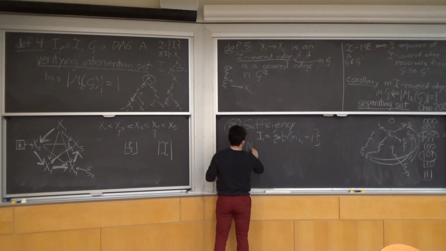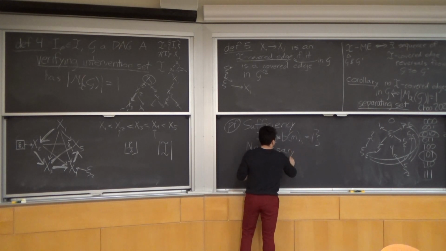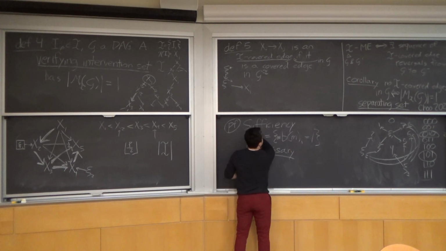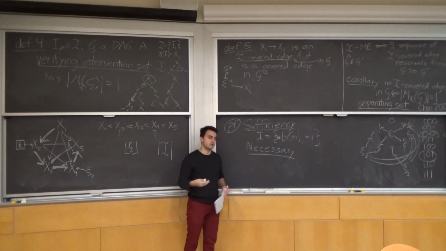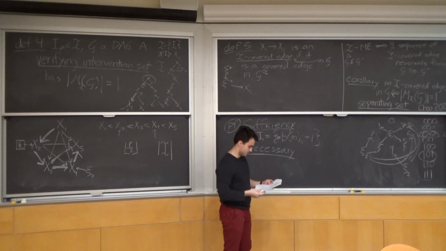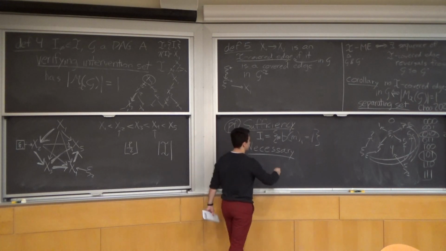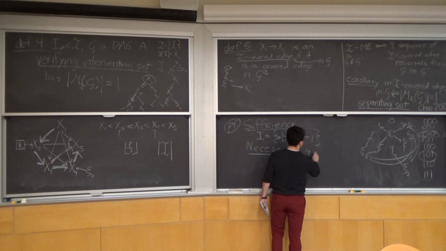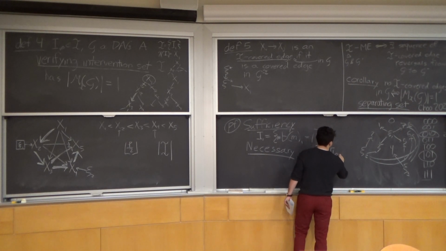And then you can show that it's necessary. I'll let you check the base case for p equals 3, but it's basically an inductive argument of, assume that for q less than p, it takes log base 2 of q interventions to orient.